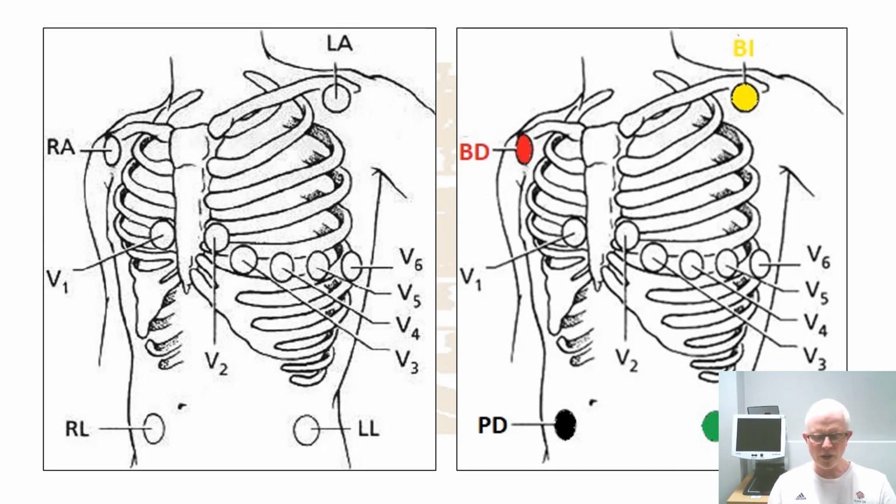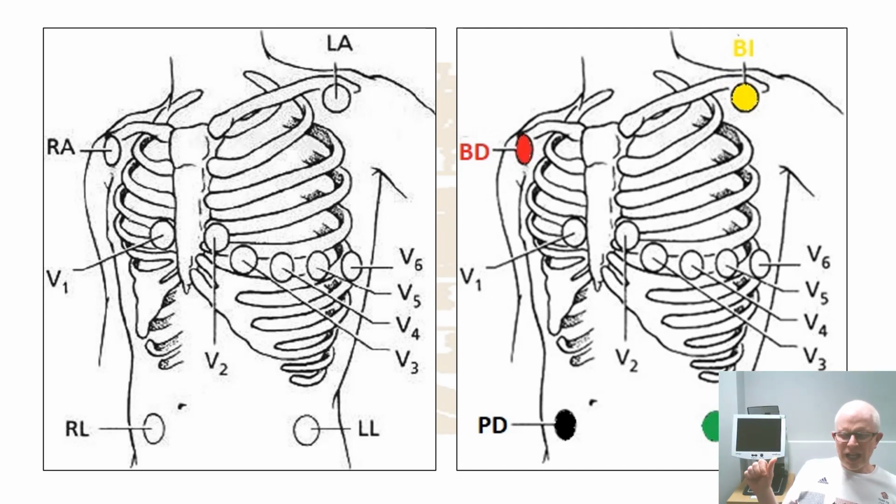This is something that we're going to come back to towards the end of this podcast, which relates to the necessity to be able to get these leads placed correctly. You can see V1, V2, V3, V4, V5, V6. You can see RA and LA, and you can see them all placed quite neatly.